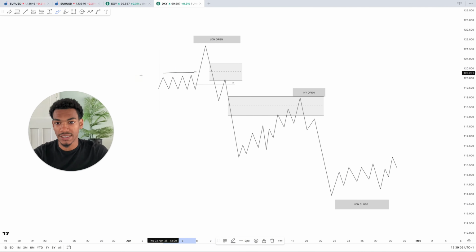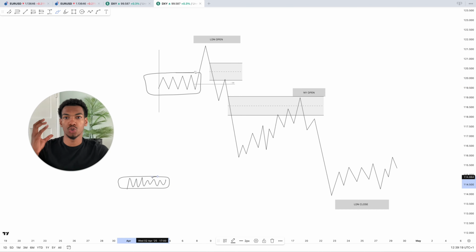Now, what we have to understand here, right, with this consolidation region is that the more price ticks through a specific price region or a specific area, the more transactions have occurred at this region, and therefore the more psychological connection is built with the market, right? So if there's more transactions occurring at this price area, there's more likely going to be open interest or open orders at this price region.